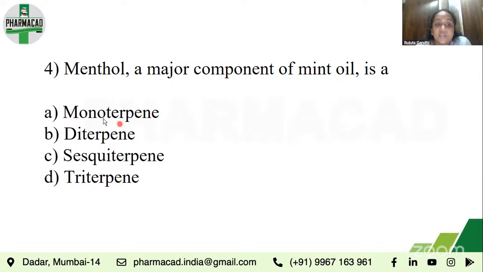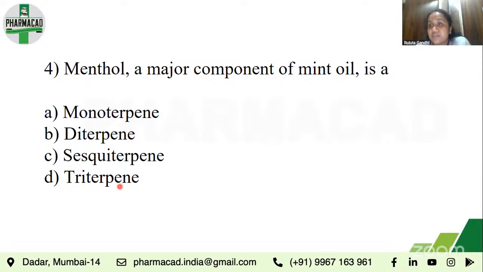Okay, so if you see here monoterpene, again you should know the structure of menthol for that. Monoterpene is C10, diterpene is C20, C15 is sesqui, and C30 is tri. You should know this. This is again there in my volatile oils slides or volatile oils video, where you can see the classification of terpenoids based on the number of carbon atoms.